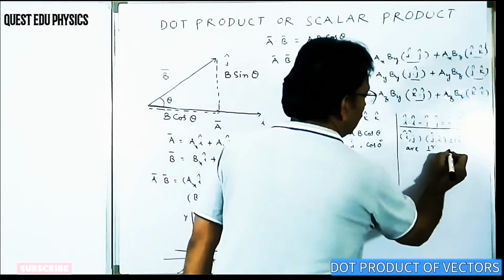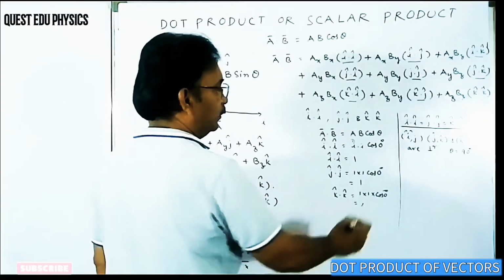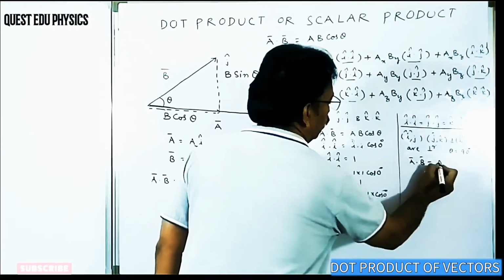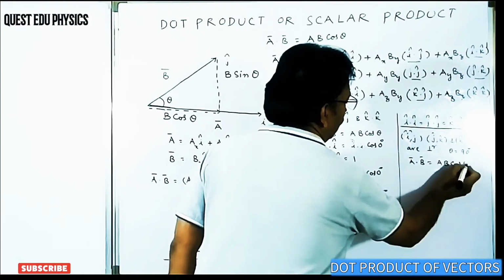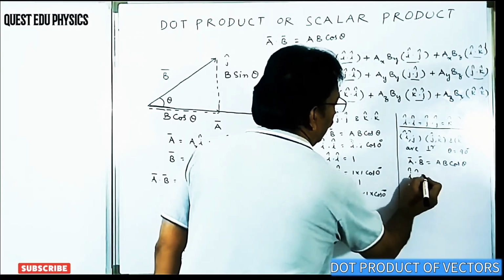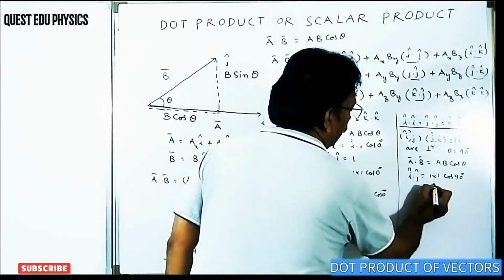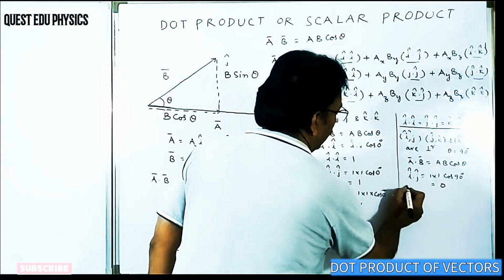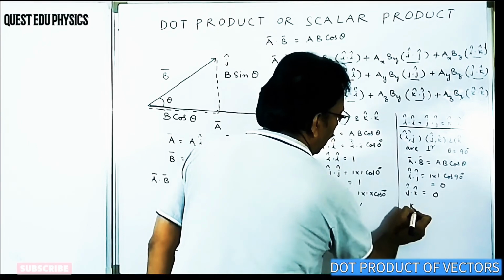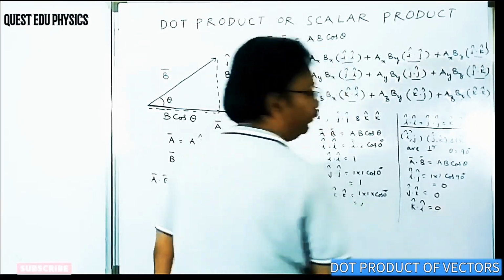So theta is equal to 90 degrees. We do the same thing again: a bar dot b bar is equal to AB cos theta, that is i cap dot j cap is equal to 1 into 1 into cos 90, which is equal to 0. Similarly, j cap dot k cap is equal to 0 and k cap dot i cap is equal to 0.